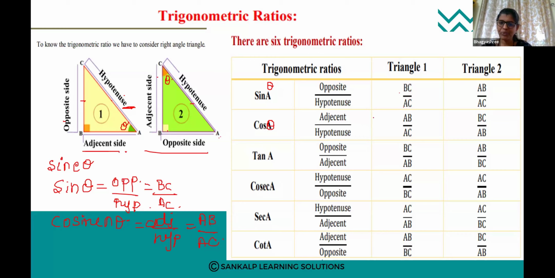Next, cos theta is adjacent divided by hypotenuse. In the first triangle, it is AB divided by AC. In the second triangle, the adjacent side is BC divided by AC. Sorry, it is AC actually, not AB.